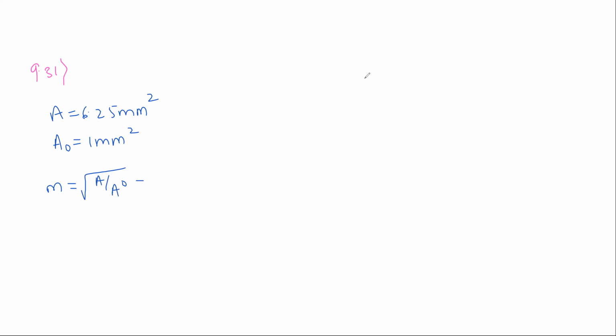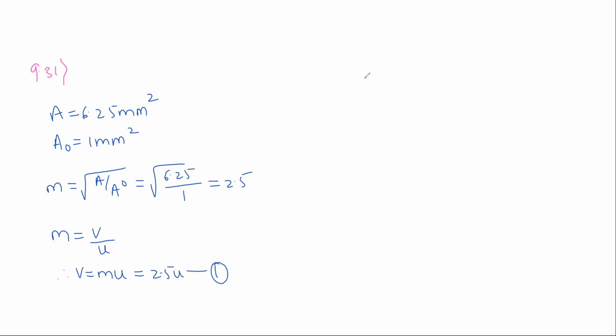Simplifying, 6.25 by 1 gives 2.5. So magnification is calculated by image distance divided by object distance. Therefore, V is equal to M into U, so that is 2.5 into U. Let us consider this as equation 1.